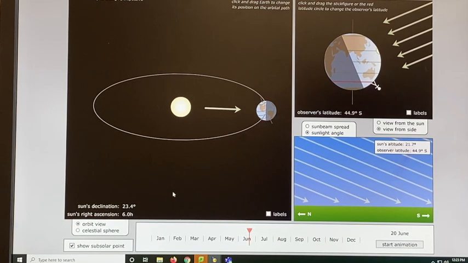So on the solstice, June 20th, it's approximately 23.5 degrees declination, and the right ascension is 6 hours.